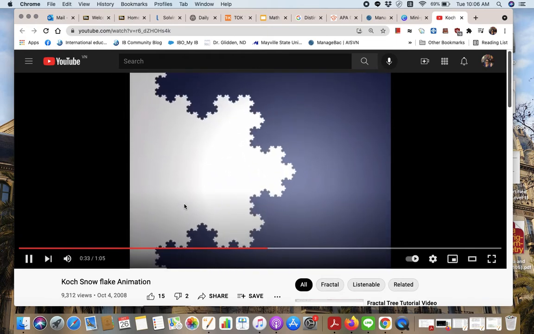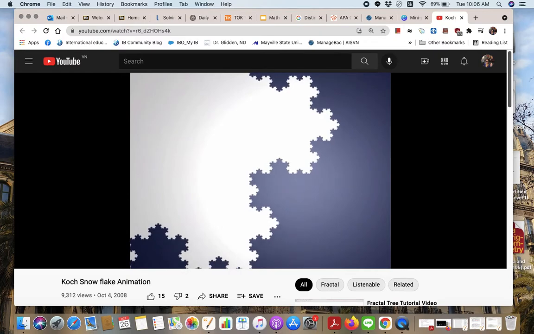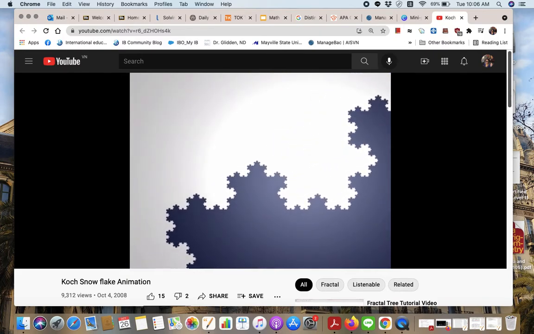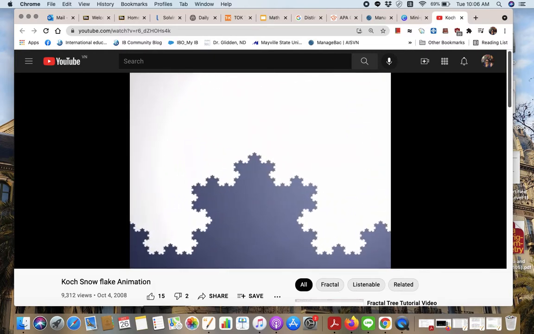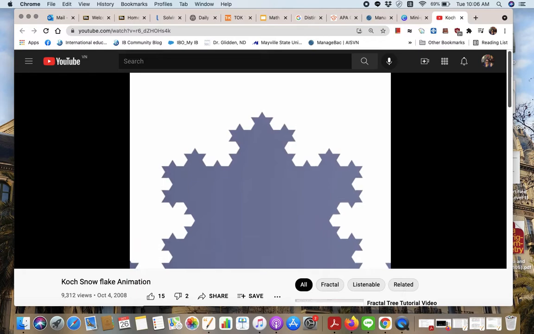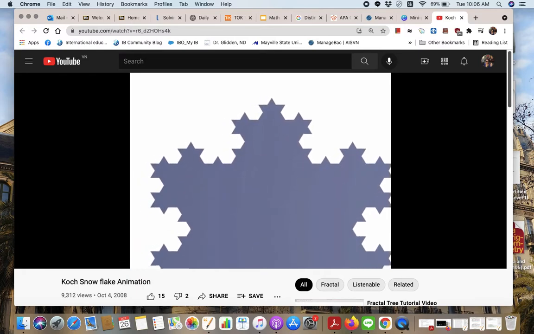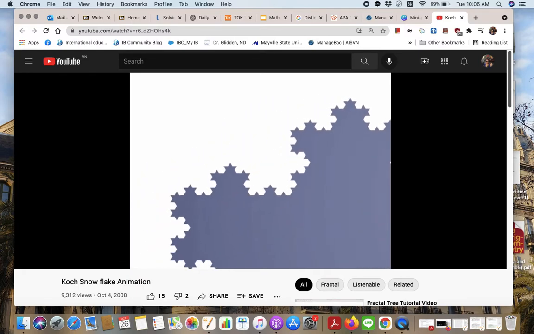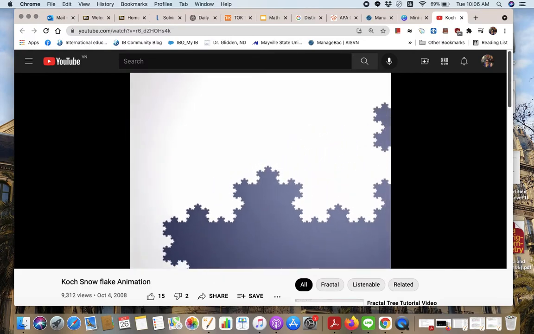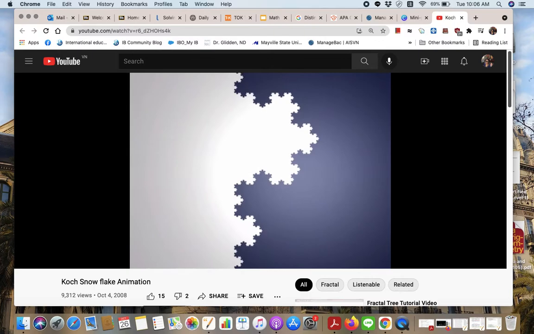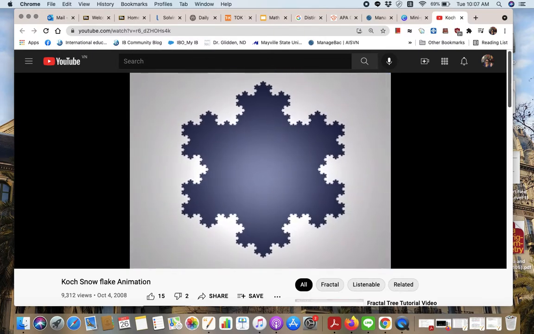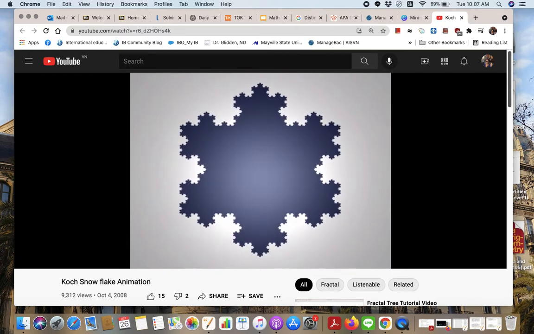As we zoom in, we can still see numerous tiny equilaterals around the perimeter. They are self-similar. As we zoom out, you can see that the shape looks like a snowflake.